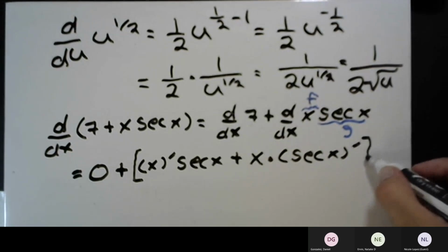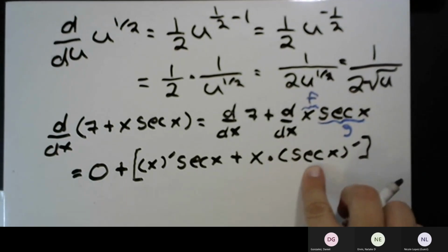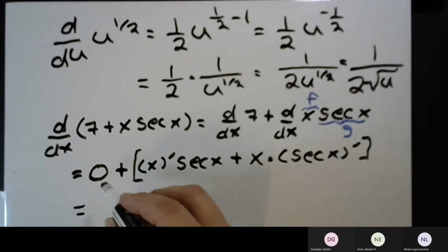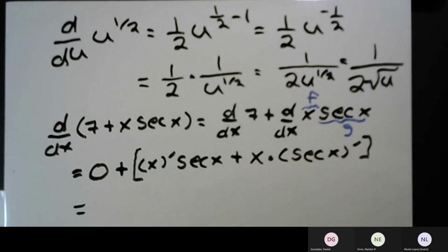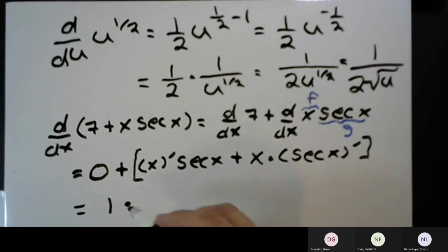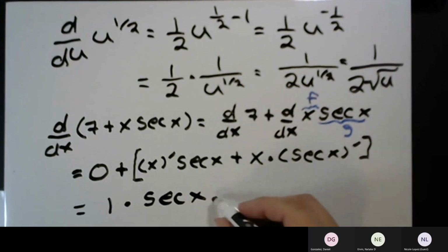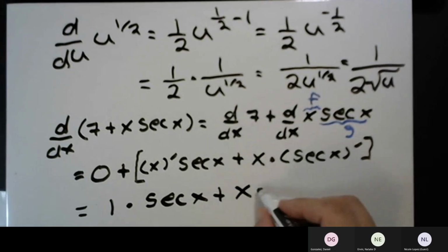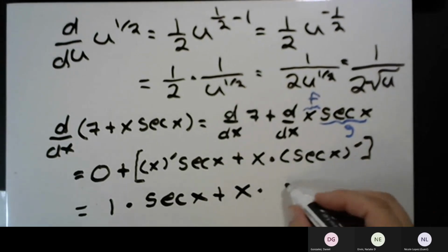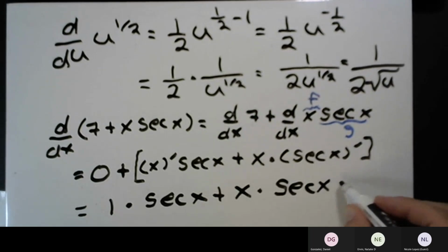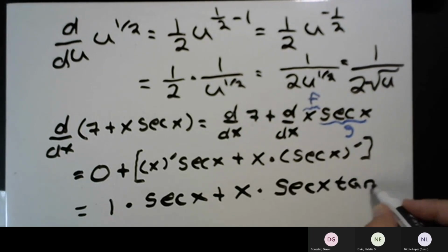And again, this is one of those things where you break out your formula sheet. Now 0 plus this, not going to change anything. X prime is 1, so you get 1 times secant x plus x times, and then the derivative of secant is secant x tangent x.